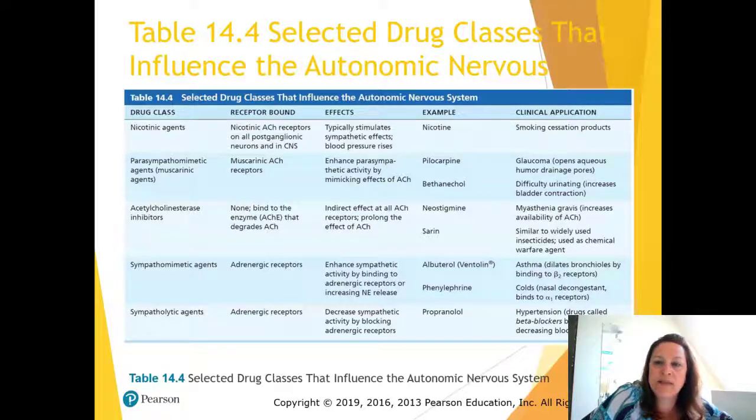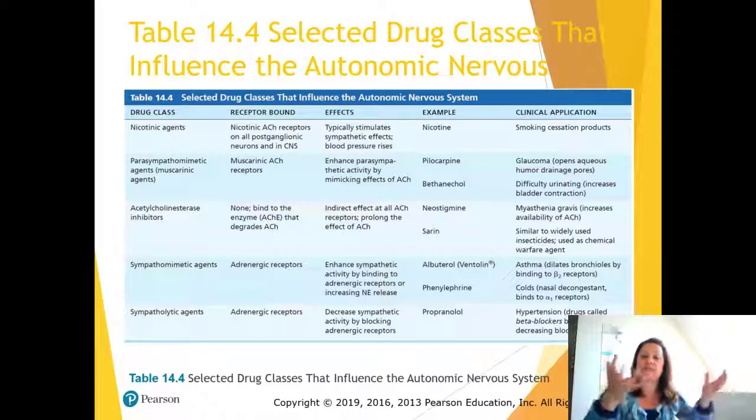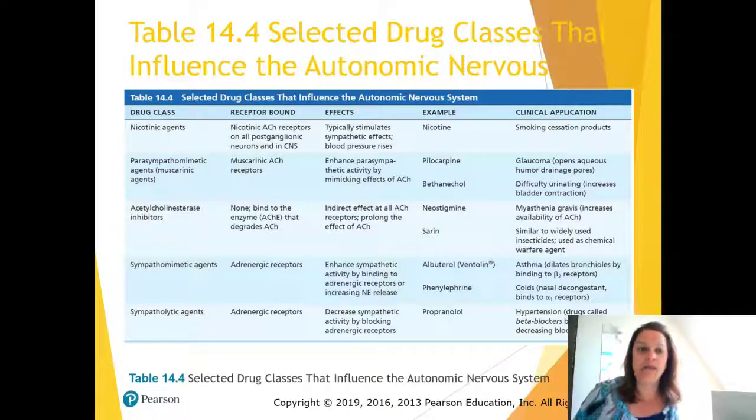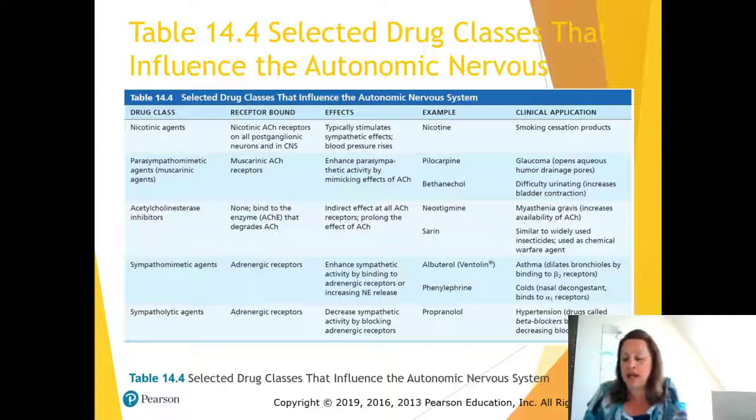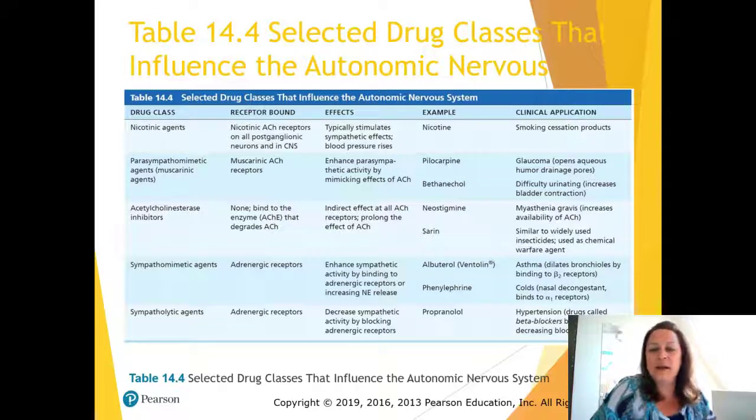That's going to be smoking and things like that, or smoking cessation products. But the nicotine works on anything that is an acetylcholine receptor. Well, that's going to be a stimulant, right? Nicotine's a stimulant. So understanding this, this goes back to the first slide where I said, go and watch that, because understanding how the autonomic nervous system works will give you an idea on how certain drugs are going to work. All right, look at the second one.